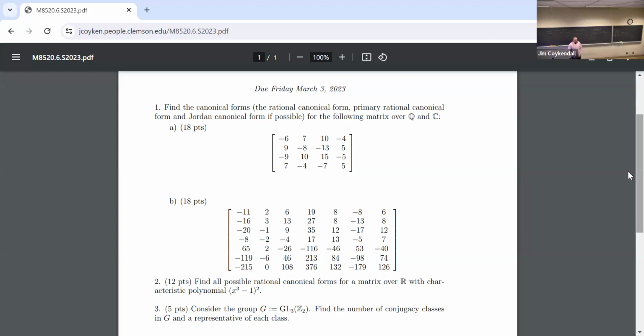We call this case characteristic zero. Y'all are familiar with this, right? So in other words, you can't add one to itself a finite number of times and get zero. What can you say about a field that is of characteristic zero?